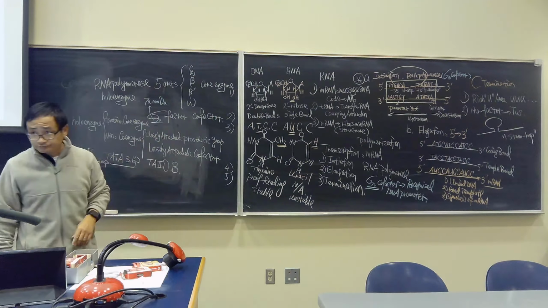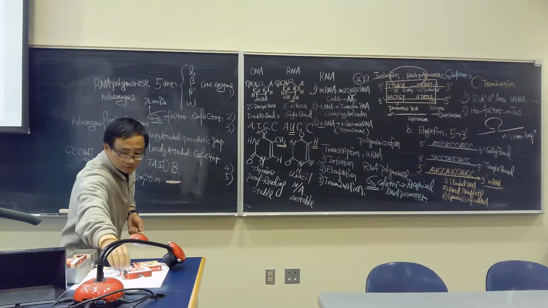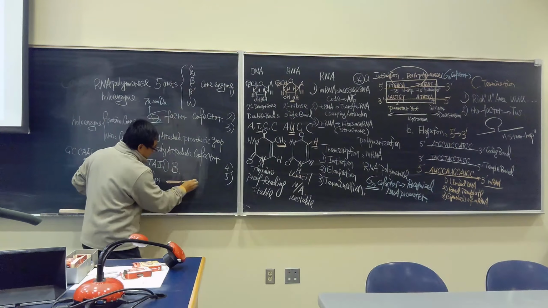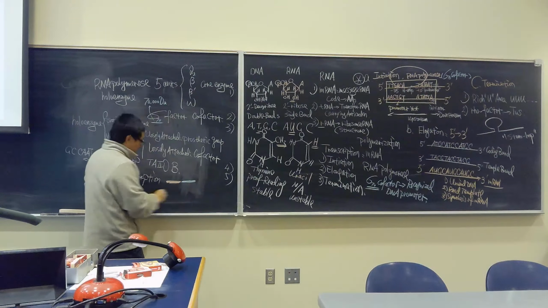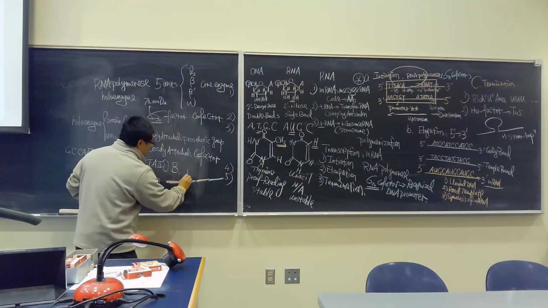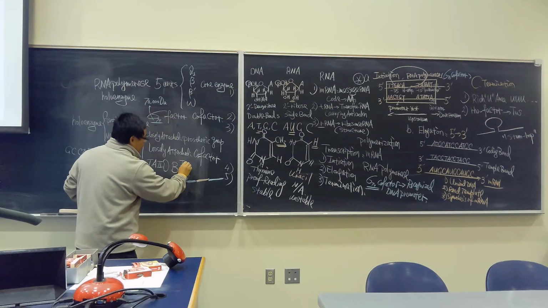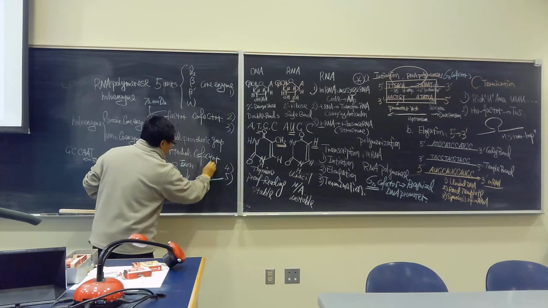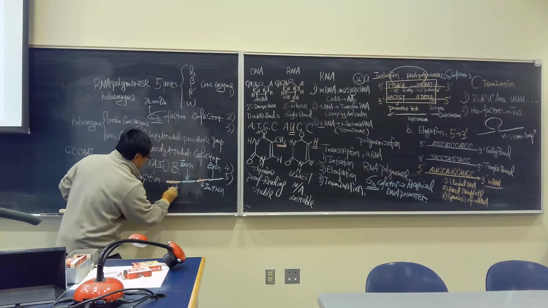So what happened is, if it's a eukaryote, you're going to have a sequence like this, some of the sequence like that, then another sequence like that will be rearranged. This we call exon, is that right? This we call exon, and this we call intron.